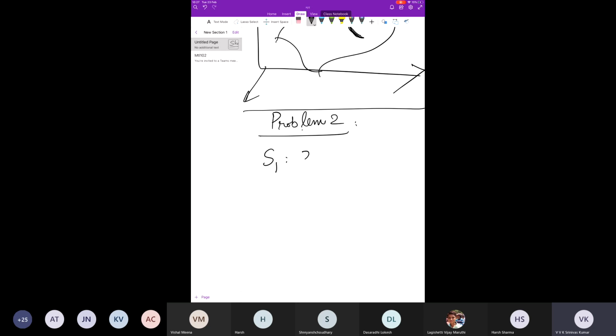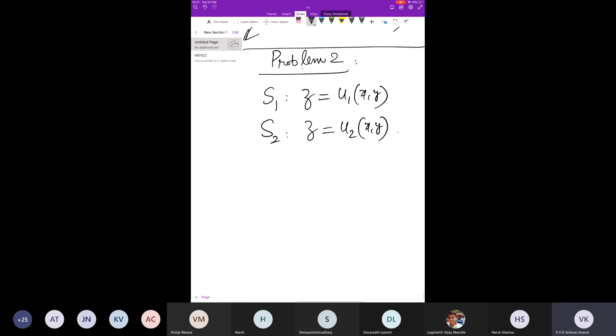S1 is the surface equation u1(x,y). S2 is another surface u2(x,y). Okay, these both, S1, S2, are integral surfaces. Integral surfaces of what? Integral surfaces of a vector field V.